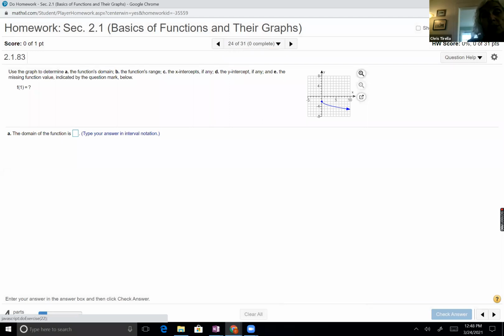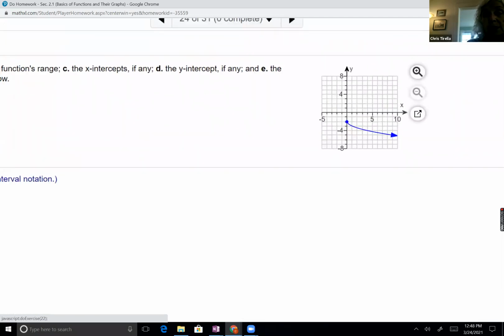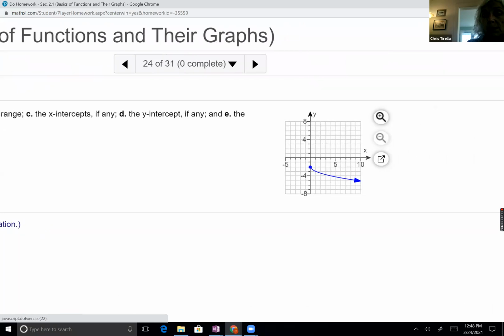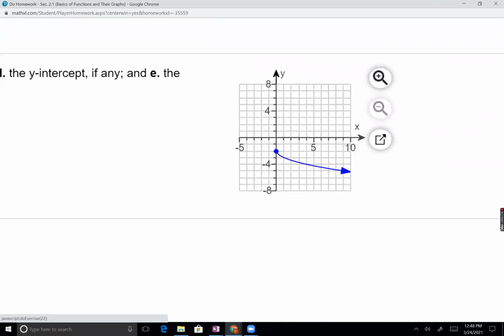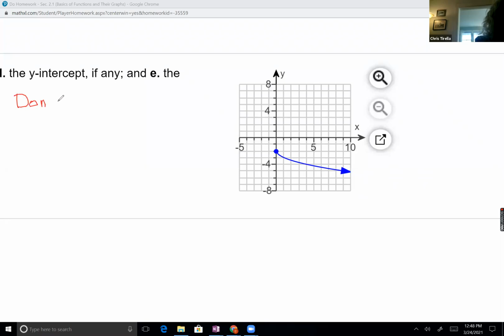Does your 24 look a little bit like this? Yeah, it does. Okay, so for 24, the first thing we're looking for is the domain. The domain are the x values.